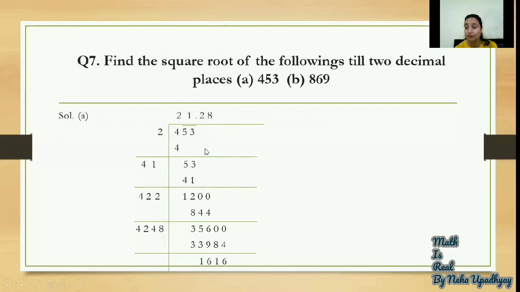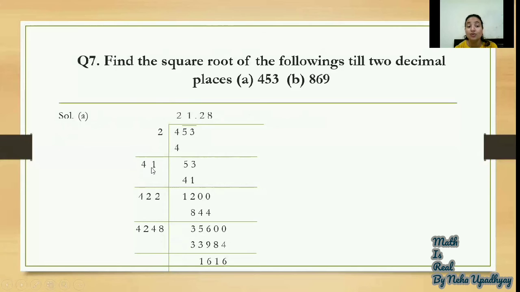In division, we take one number, but in this long division method for finding square root, we always bring down numbers in a pair. So the entire 53 will come here. Now, what was the method? You should add them, 2 plus 2, 4.